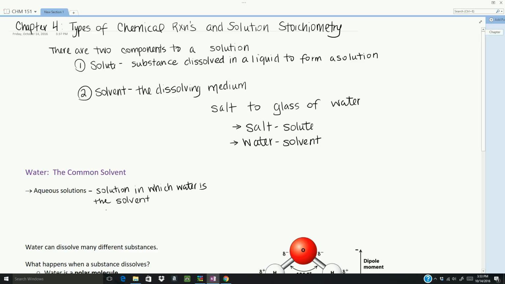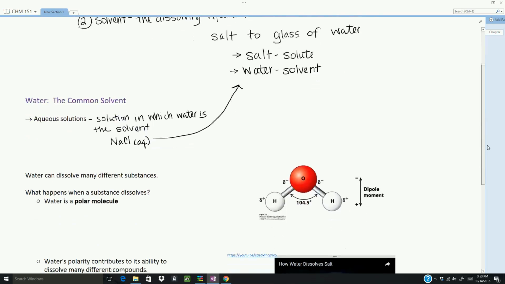So if you ever see a compound written like this, that means that that compound is dissolved in water and it's a solution. So this NaCl is what we talked about here. It's a saltwater solution.